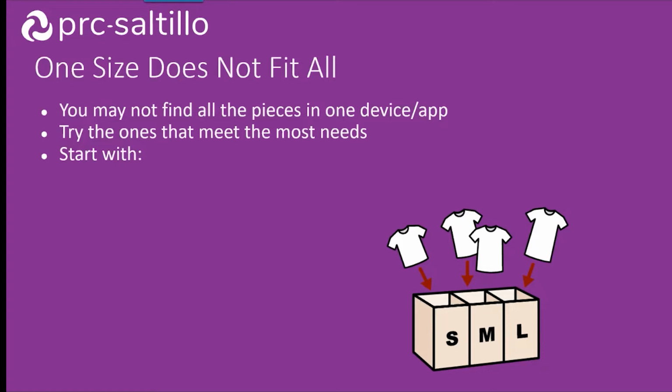So when we think about devices and which devices we are going to trial, we want to remember that there are multiple ways to get to that decision, right? To narrow things down. So just keep that in mind and take into consideration that one device or app might not meet all of their needs. So thinking about one that meets more of their needs is going to be a good place to start.